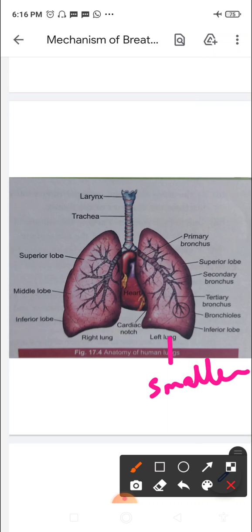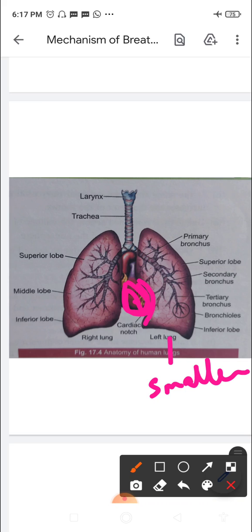Again we see that it has a depression over here, which is known as the cardiac notch. This depression is for the heart to fit inside. So the heart occupies space here, so that is the depression.